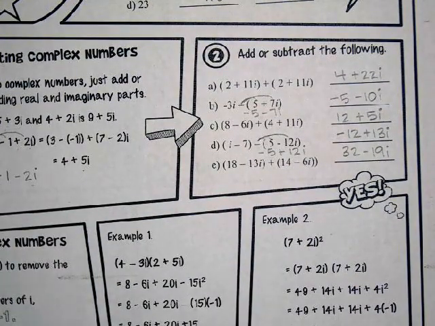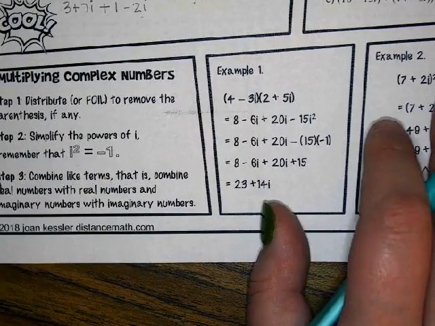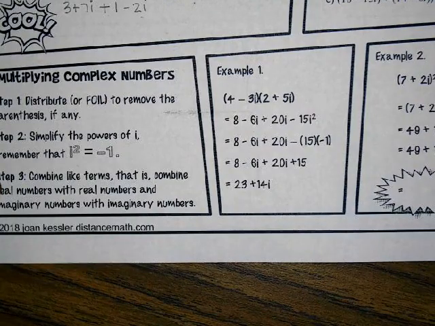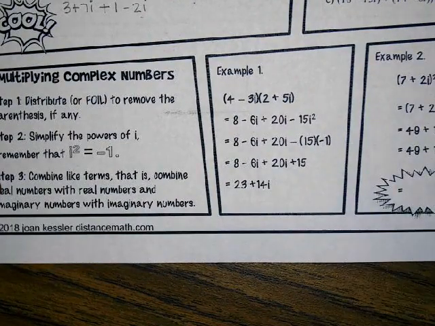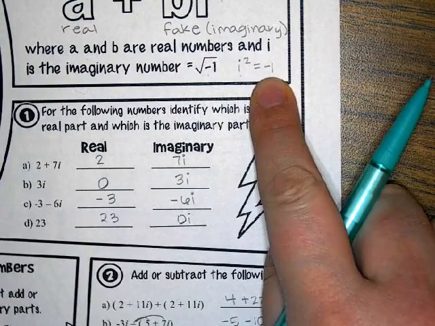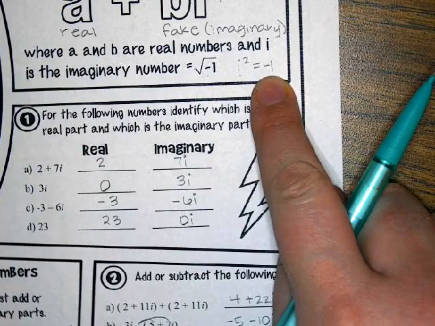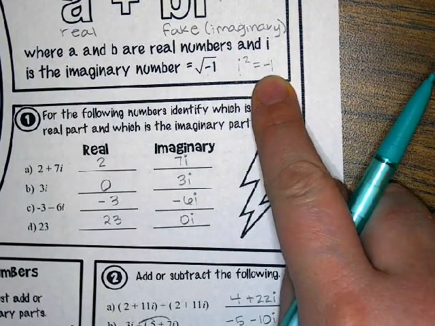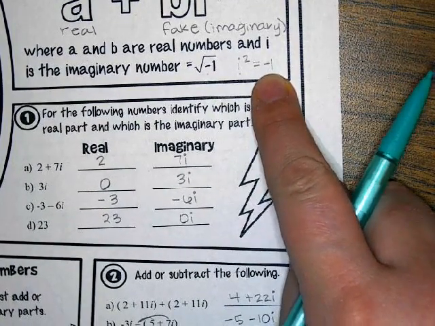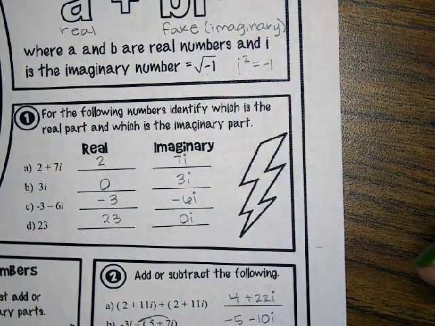All right. The next type of problem that we're going to be doing for today is multiplying. These are just a little bit more complicated, truly not much more complicated, but a little bit more because we're going to start running into i squareds. So we have to make sure that anytime we see an exponent of i, we think about, is it just i squared, so I just replace that with -1, or could it be like an i to the third?